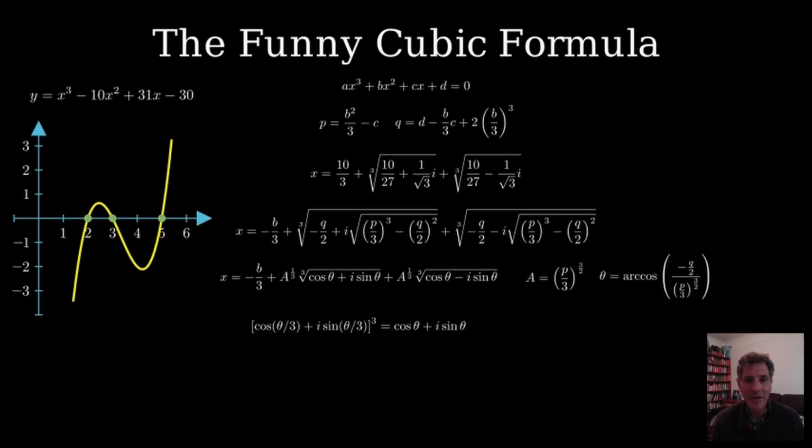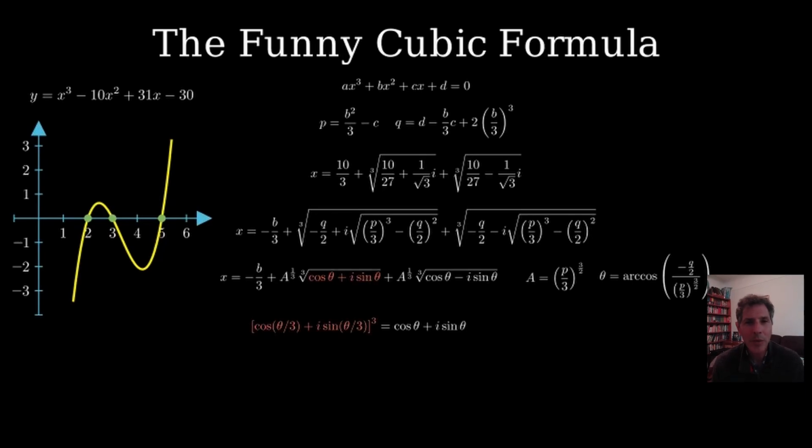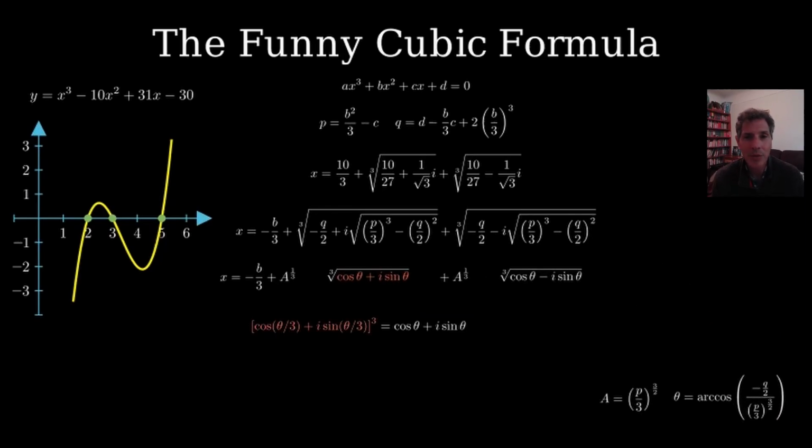So let's go ahead and replace the radicand inside the first cube root with our perfect cube, cos(theta/3) plus i sin(theta/3), cubed. To deal with the radicand inside the second cube root, we simply replace theta with minus theta in our identity, and we find that the second radicand is also a perfect cube, namely cos(theta/3) minus i sin(theta/3), cubed.